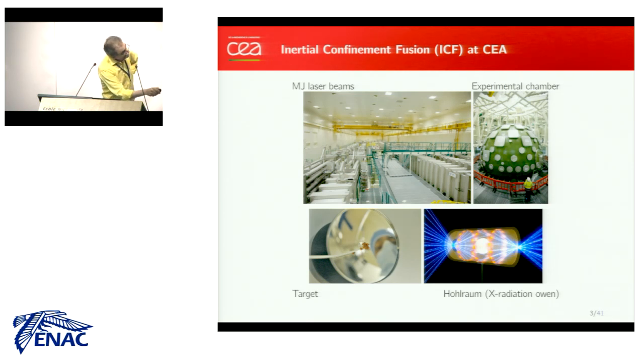Here at the center of this chamber you have a small pellet, a small target of a deuterium-tritium mixture, and it sits at the center of a hohlraum, which acts as a sort of X-ray oven, where the laser radiation is transformed into X-rays, and the radiation pressure implodes the pellet and eventually reaches ignition.